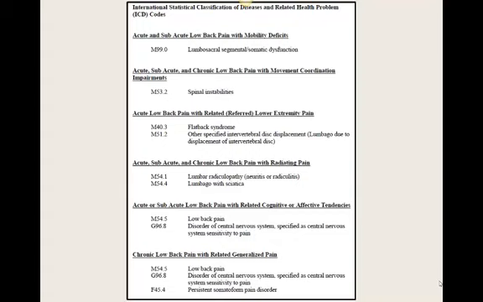Acute, subacute, and chronic low back pain with movement coordination impairments, often considered spinal instabilities, with ICD codes. Acute low back pain with referred pain, often considered flat back syndrome or lumbago. Acute, subacute, and chronic low back pain with radiating pain: lumbar radiculopathy, neuritis, lumbago with sciatica. So you can see the different categories that have been outlined and the different ICD codes that go along with that.